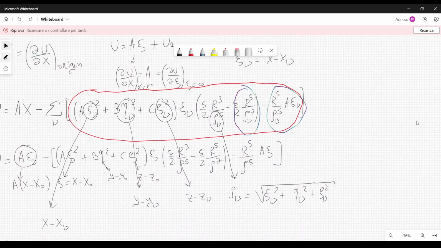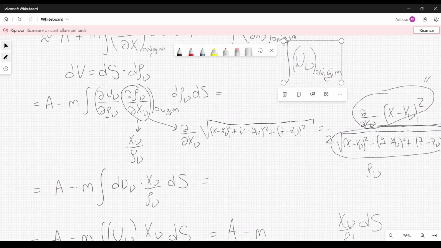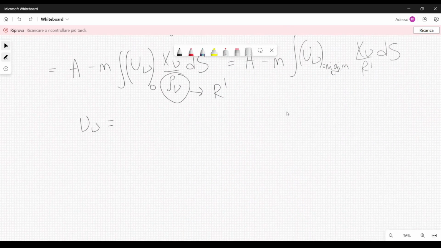Let's go below and do our calculation. So let me rewrite u_ν according to this assumption: minus 5 over 2 r cubed over ρ_ν cubed, and we will have to replace r prime cubed here.